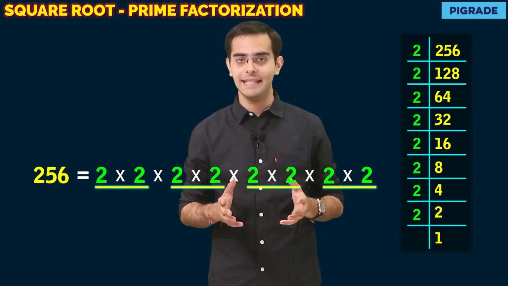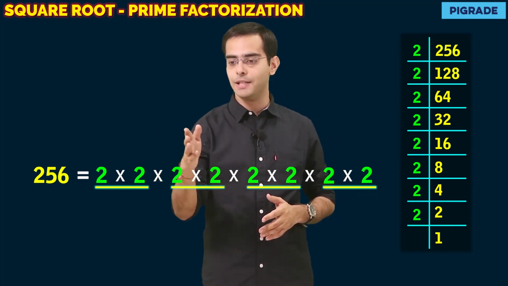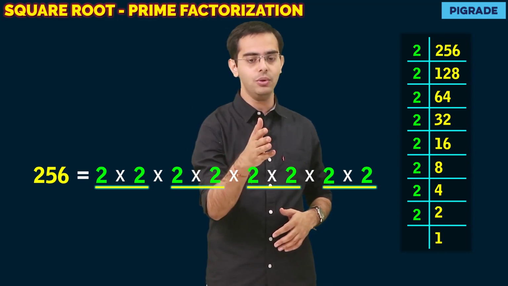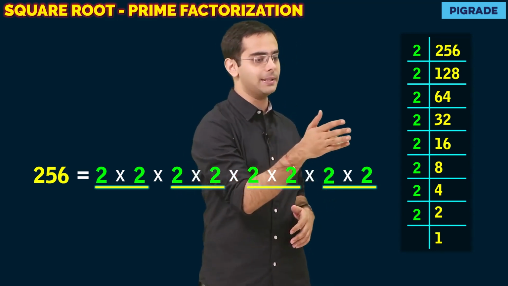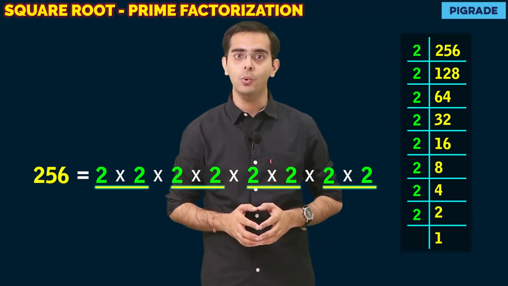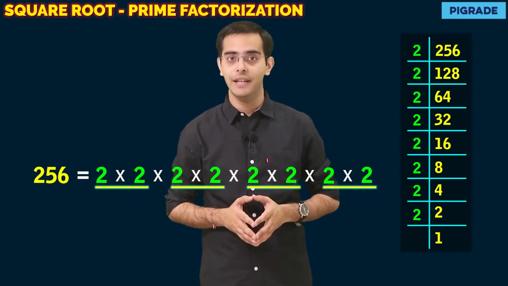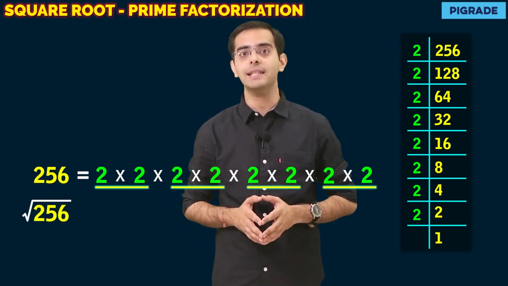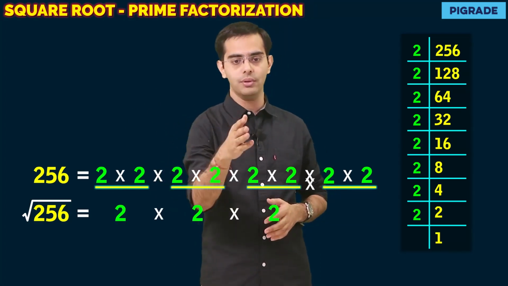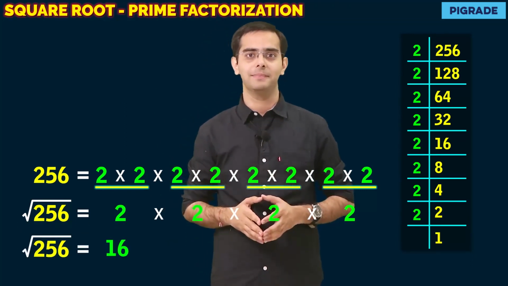So 256 is equal to 2 multiplied by 2, which is further multiplied by 2 multiplied by 2, then multiplied by 2 multiplied by 2, and finally again multiplied by 2 multiplied by 2. So for finding the square root, we'll take one factor from each of these pairs, which gives us the square root of 256 to be equal to 2 into 2 into 2 into 2, and therefore we get 16.